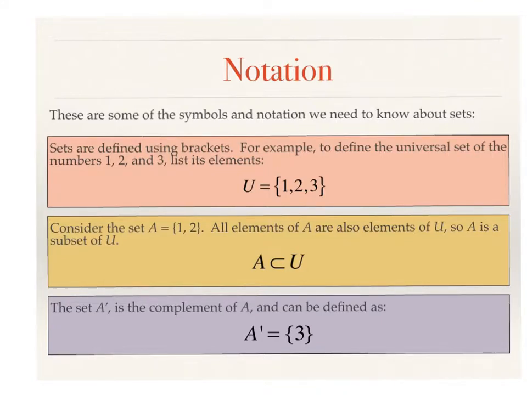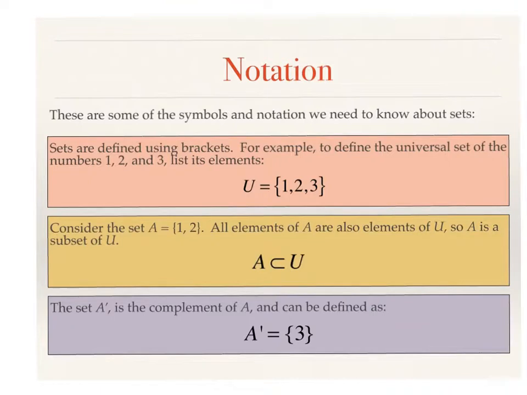Let's stop there. So this is the notation, and I will be a little picky about it. Sets are defined using brackets, so you need to put the brackets in. If you don't, you'll be losing some points. Looking at this universal set here, 1, 2, 3, sometimes you can just define it.